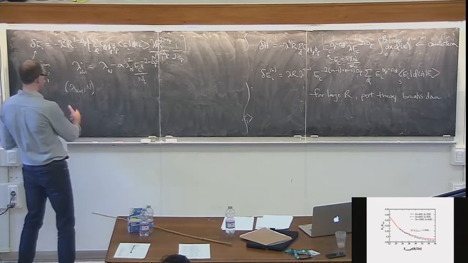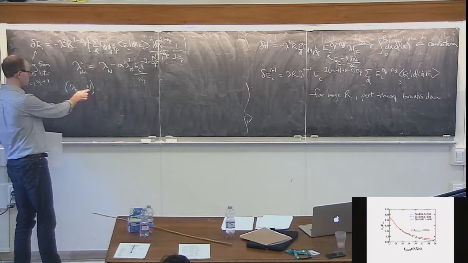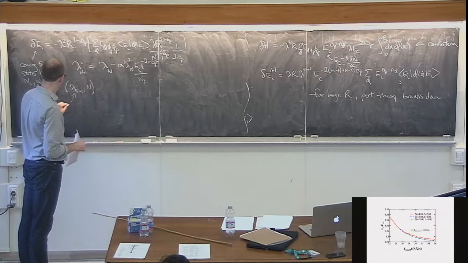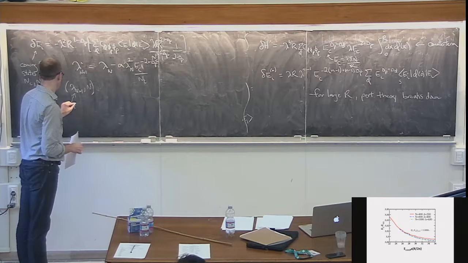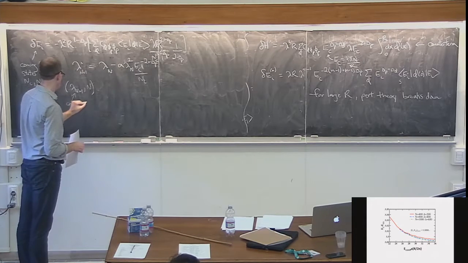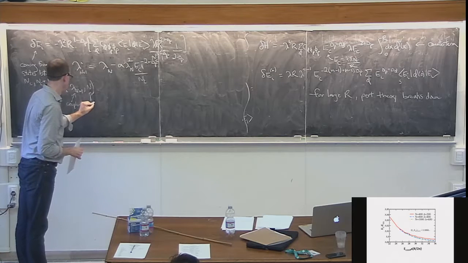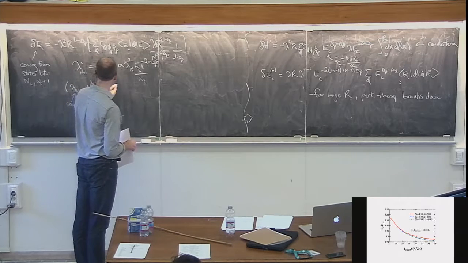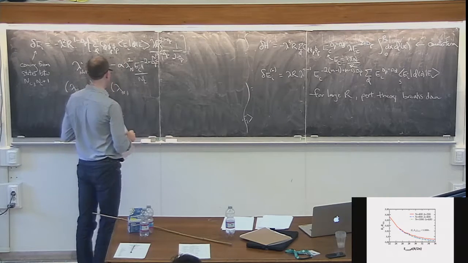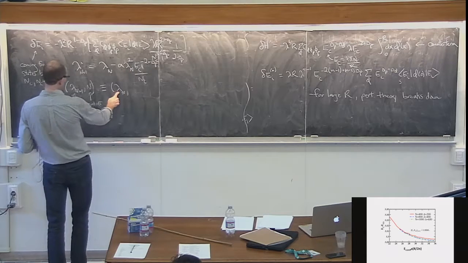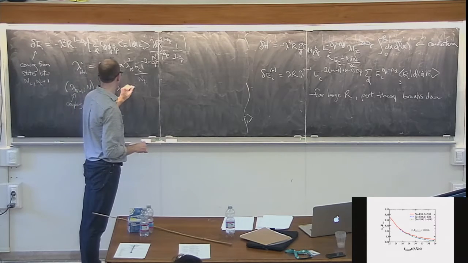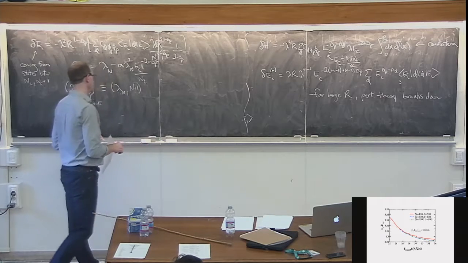If I have a theory with coupling constant lambda n plus 1 and cutoff n, I mimic the effects of a theory with the original coupling lambda n, but with a cutoff n plus 1.